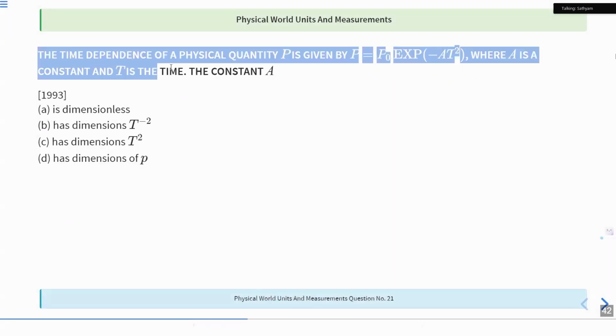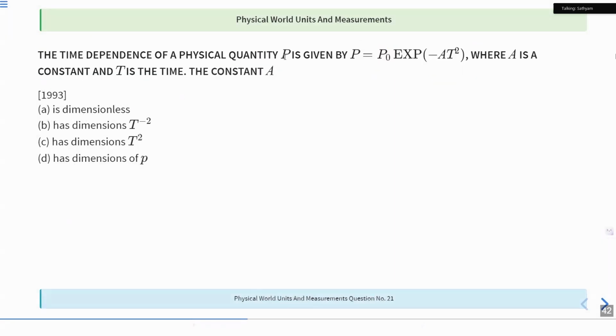The time dependence of a physical quantity P is given by P is equal to P naught into exp of minus alpha T square. EXP is nothing but E to the power. Sometimes it is written like this, sometimes EXP will be written.